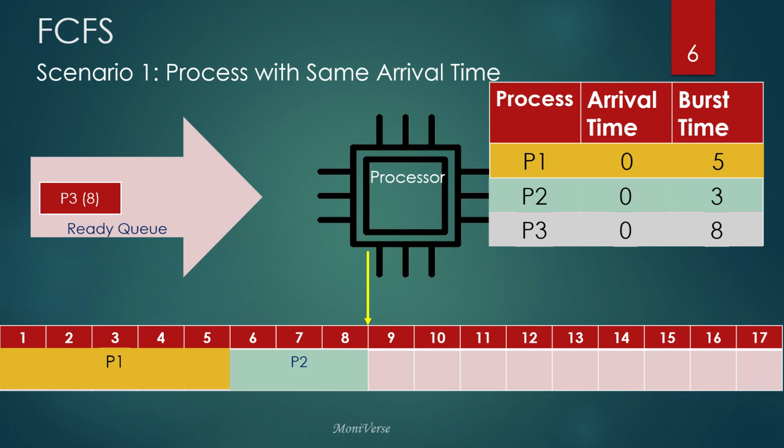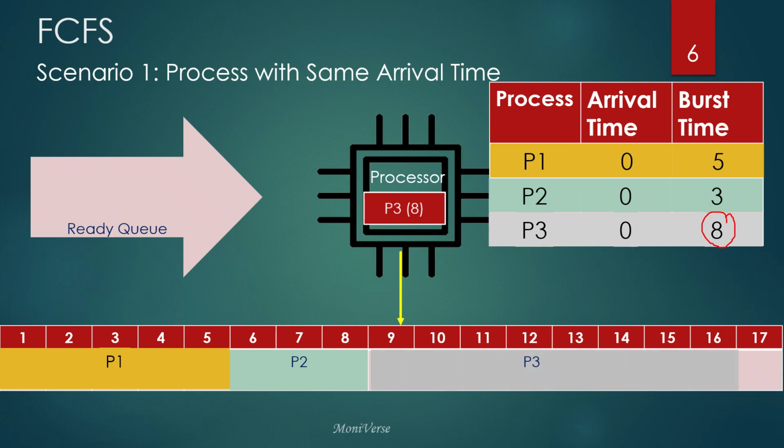Now only one process is left in the ready queue, that is P3. It enters the processor and has a burst time of 8 units, so it is executed for 8 units of time. With this, we have cleared all the processes which were waiting in the ready queue.